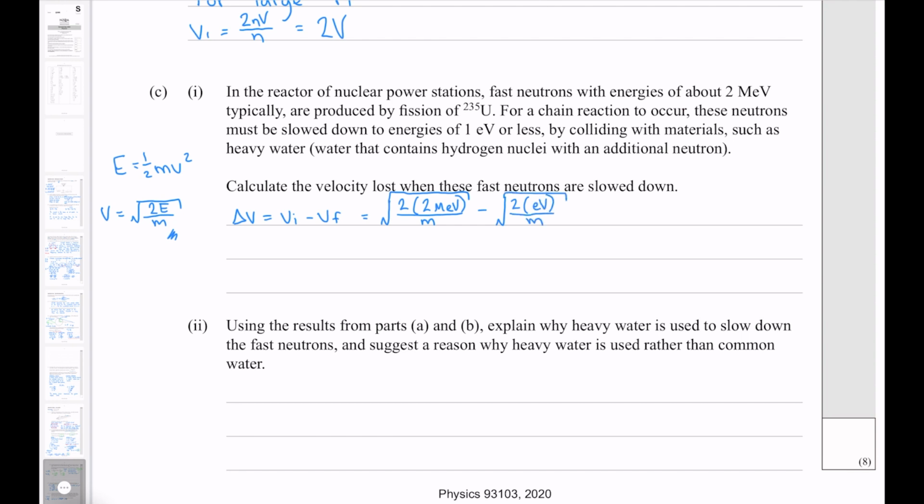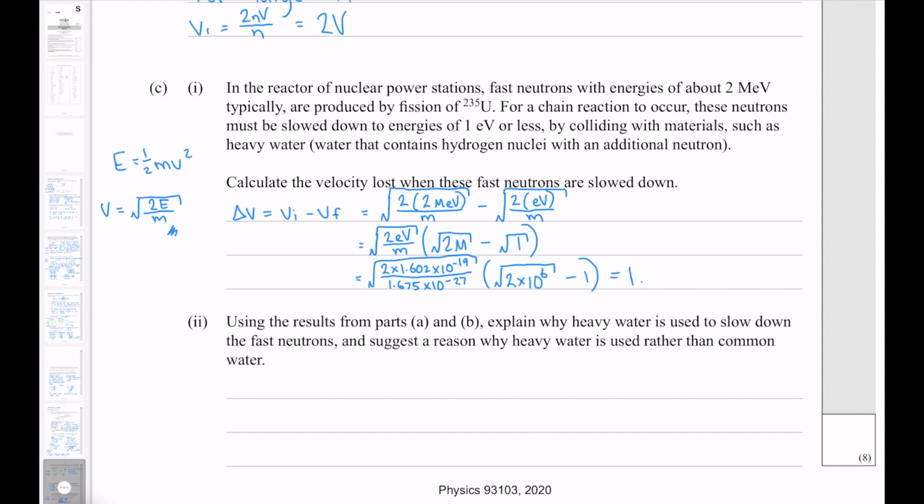Now to massage that a little bit to make it easier to type into the calculator, we can factorize out 2eV over m. Now if we put our numbers in, that gives me 1.955 times 10 to the 7 meters per second.